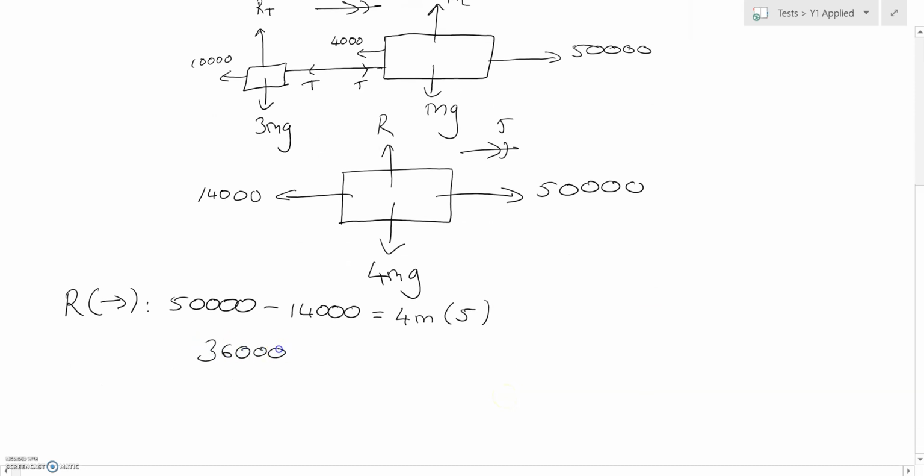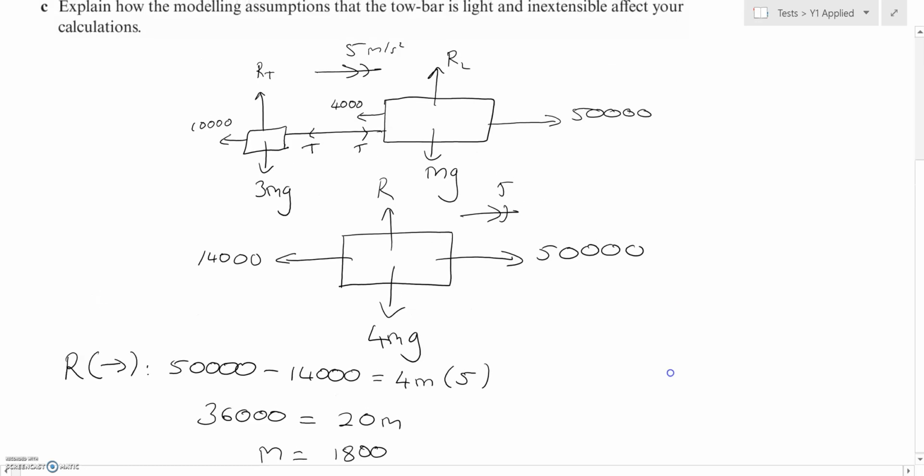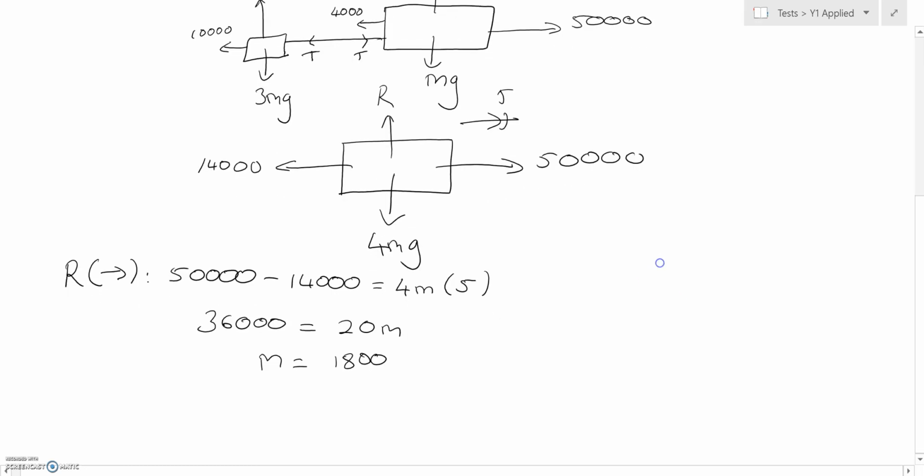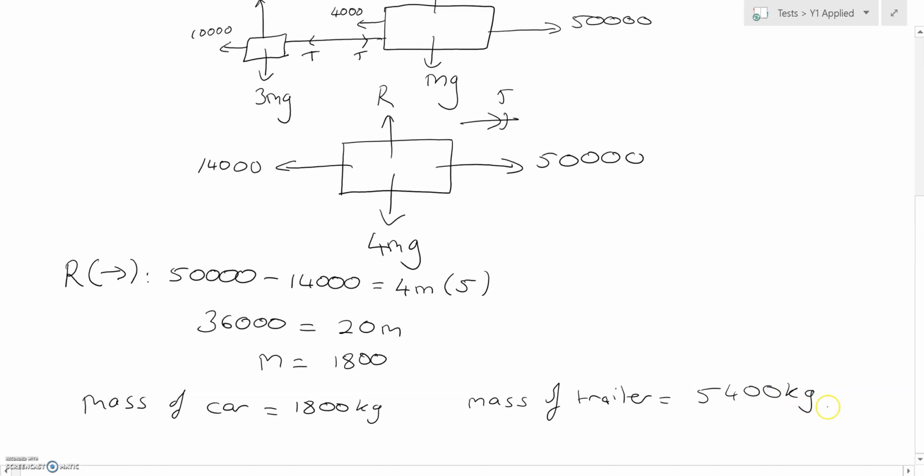So we're going to have 36,000 is equal to 20m, and so m is equal to 1800. And m is the mass of the lorry. So the mass of the lorry equals 1,800 kilograms, and the mass of the trailer was 3m. So the mass of the trailer is going to be 3 times that, and that's going to be 5,400 kilograms.